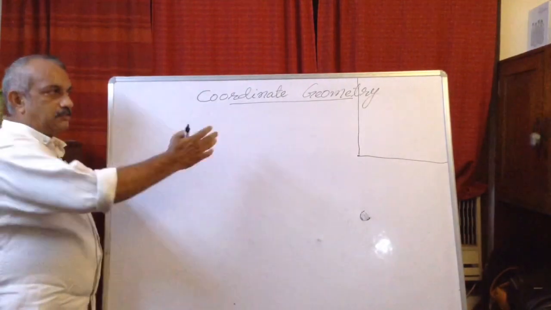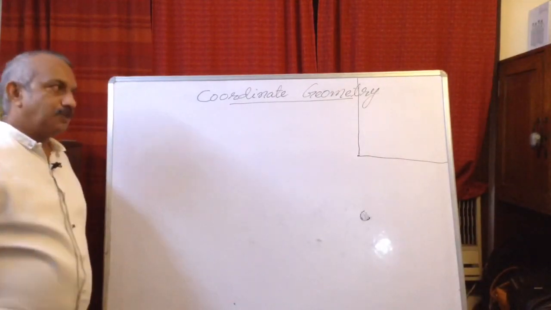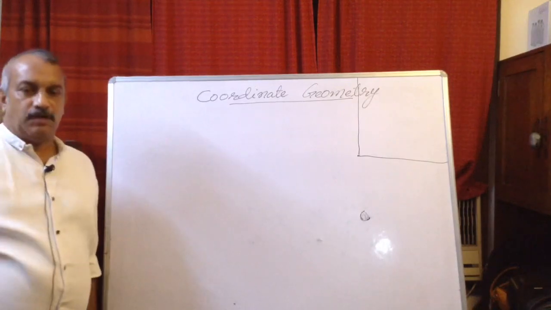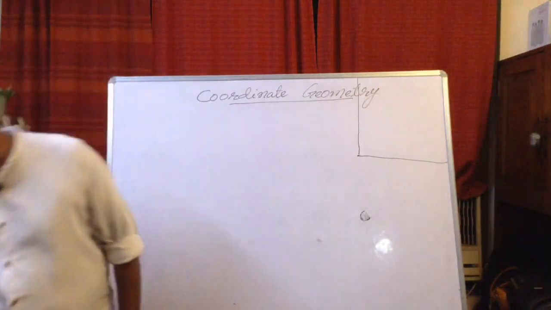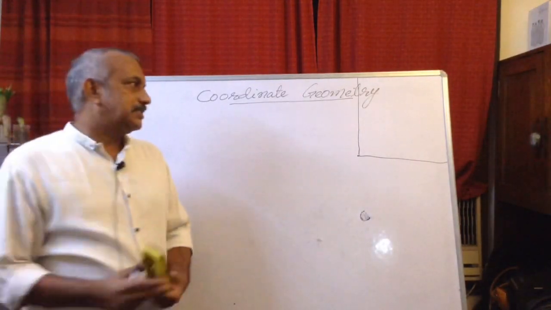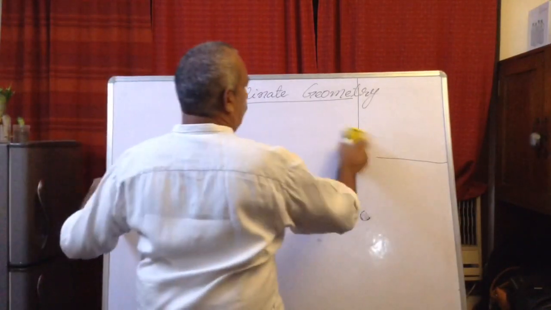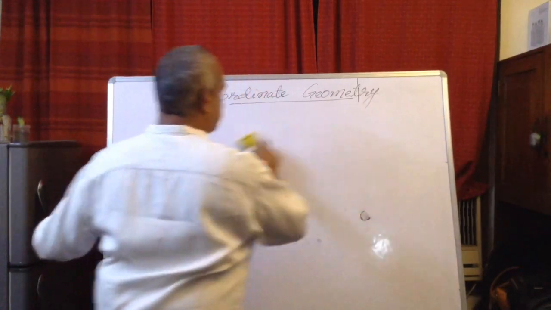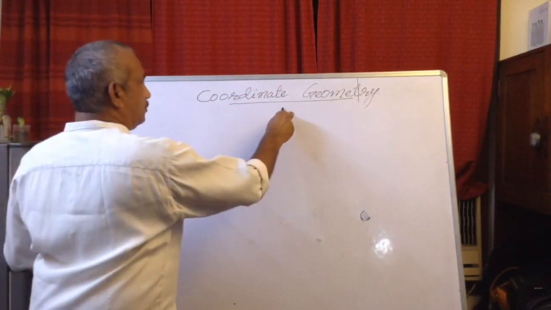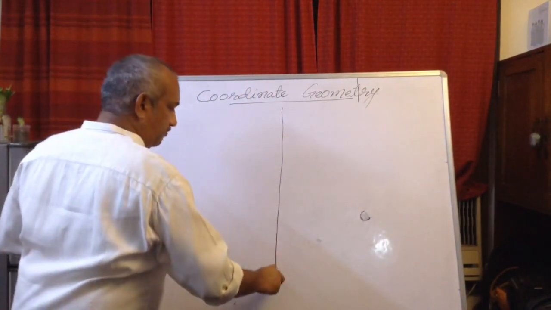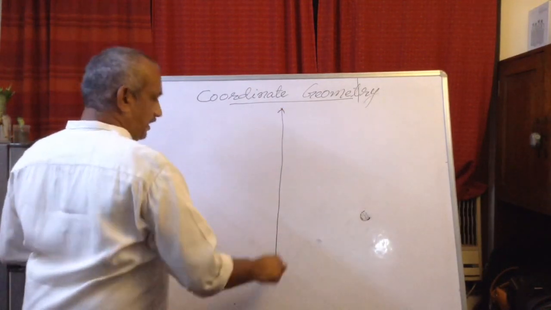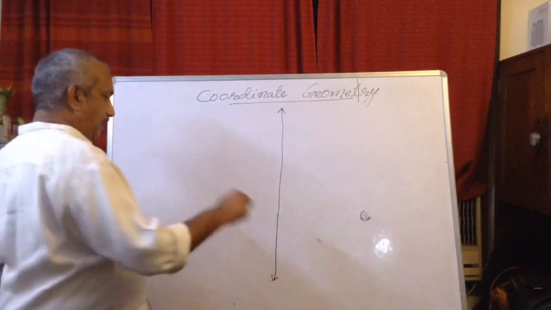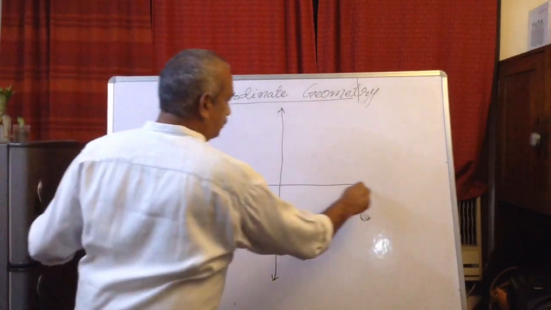So like this, describing the position of a point on a plane, we learn in this chapter how to describe. To describe the position of a point on a plane, we draw two lines. We'll draw two lines, one perpendicular to the horizontal level, and one parallel to the horizontal level.